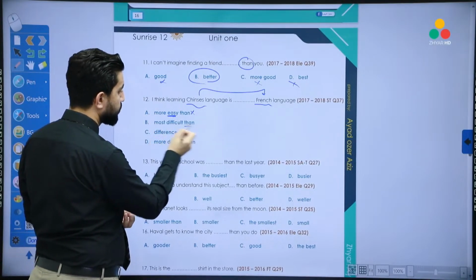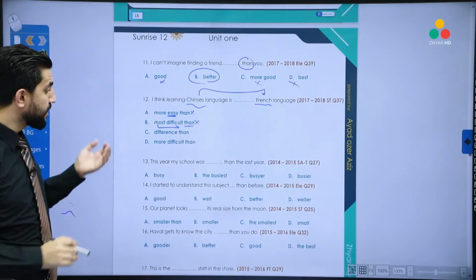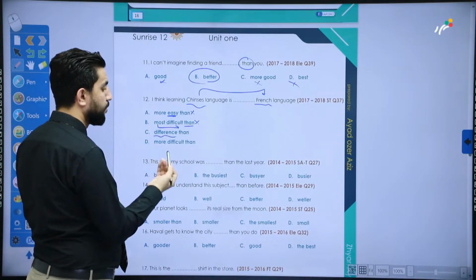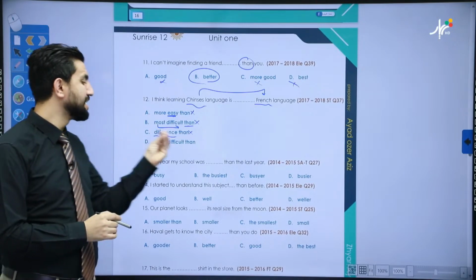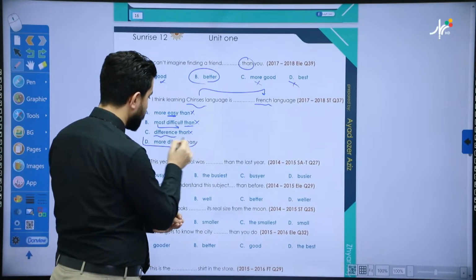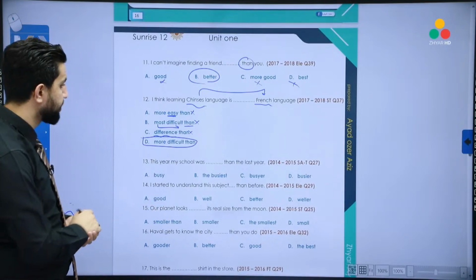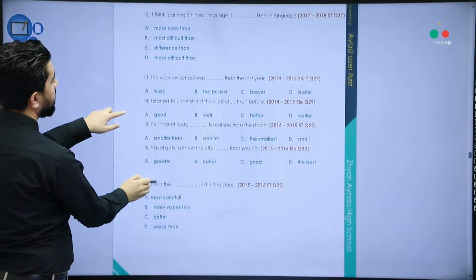Most difficult than, we don't say most and than together. That's also wrong. Different than, with this one we need more, and there's no more here. So we say more difficult than. Which one is the right answer? D is the right answer. Okay? Yes.